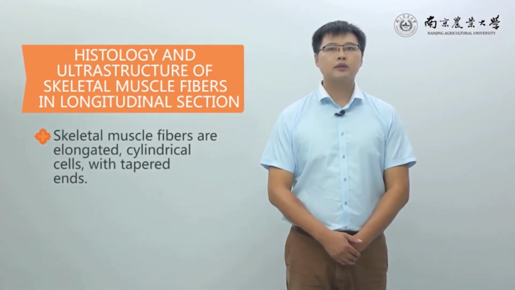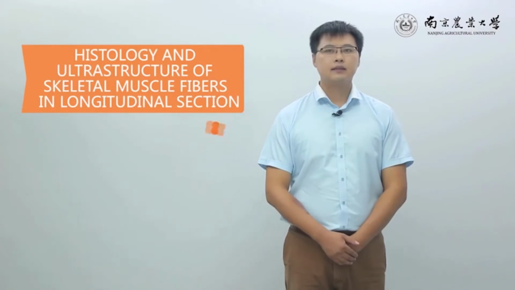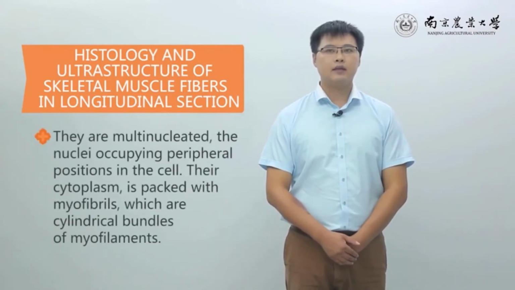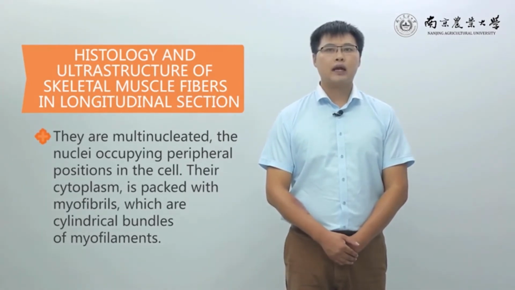Skeletal muscle fibers are elongated cylindrical cells with tapered ends. They are multinucleated, the nuclei occupying peripheral positions in the cell. Their cytoplasm, known as sarcoplasm, is packed with myofibrils, which are cylindrical bundles of myofilaments along the length of the fiber.